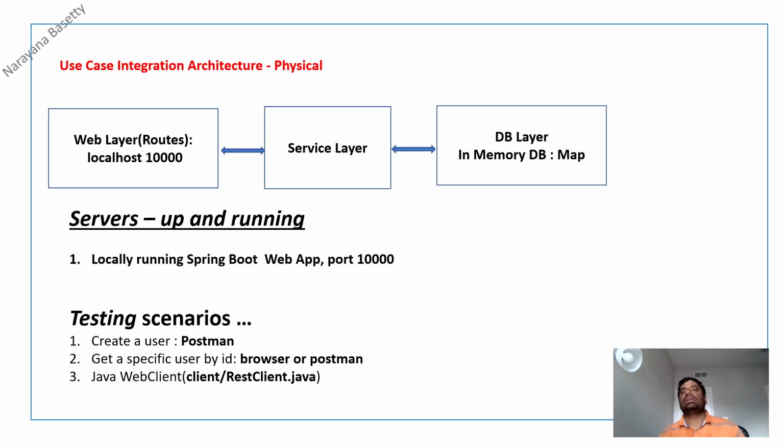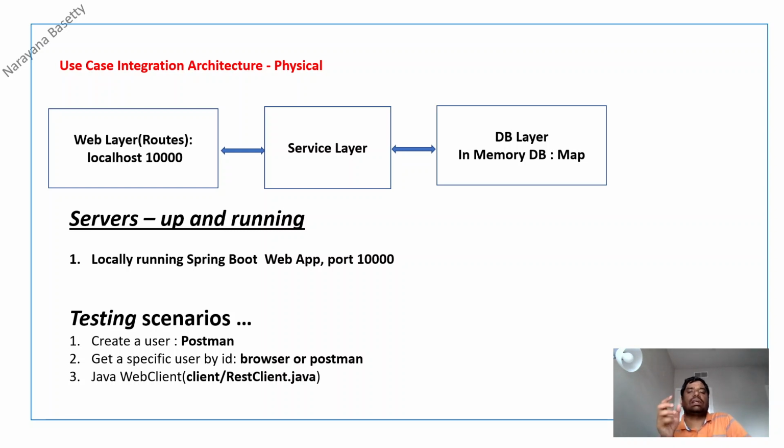So this is our simple use case integration. I have a web layer which is running on the Spring Boot microservice, and I have a simple service layer, with the stereotype of a service instance. And then the database layer is in memory. That means I am storing some content in memory, and when I bring up my server, whatever I store will be available and I can do a lookup.